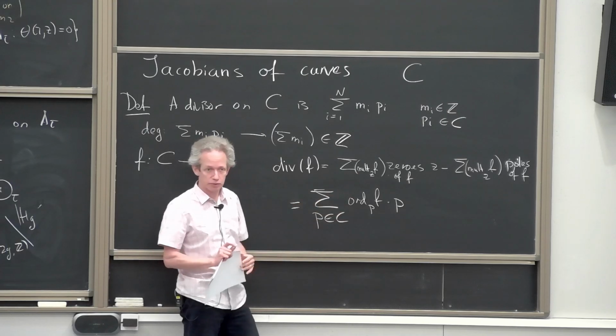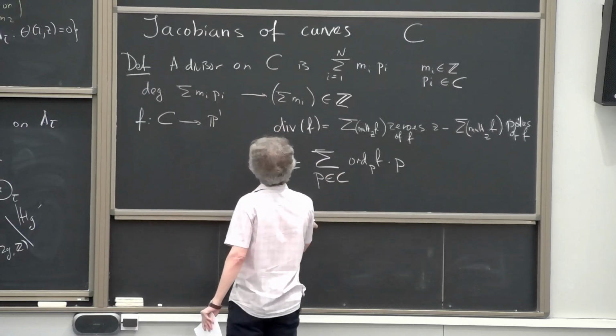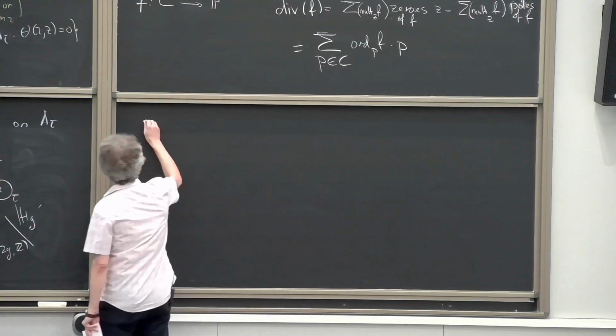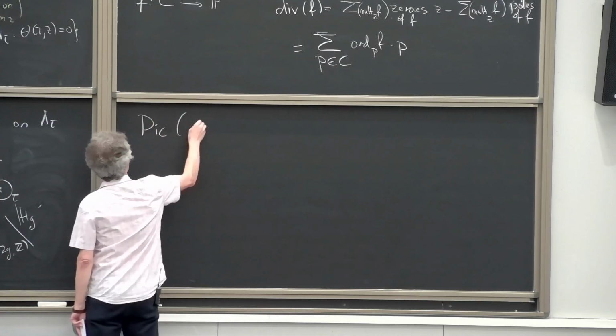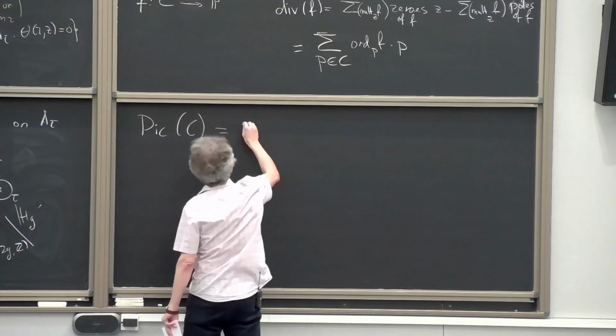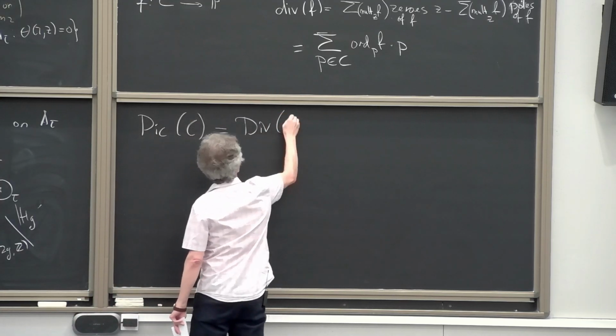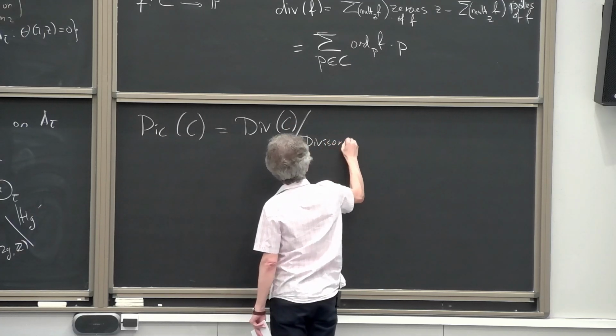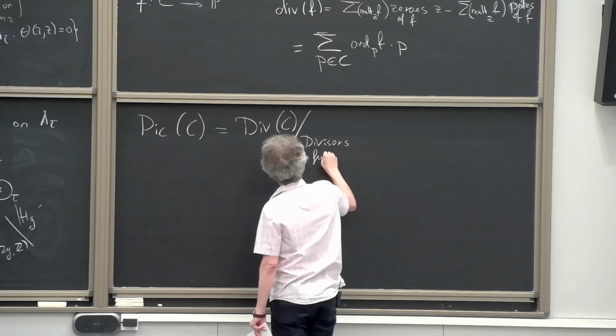Okay? That's what a divisor is. Then the Picard group of C is the group of divisors, quotient by divisors of functions, called principal divisors.